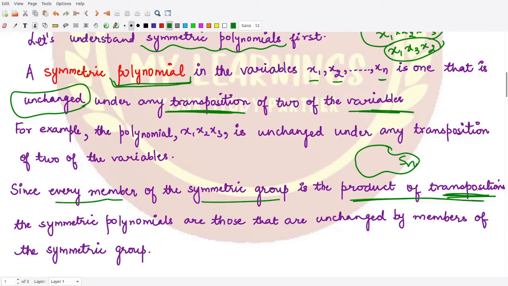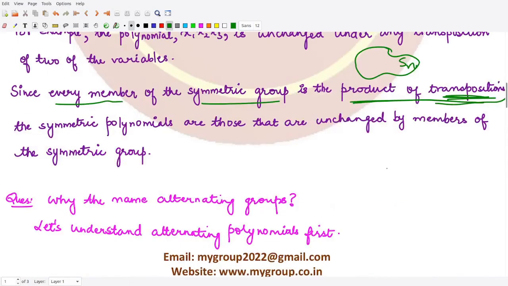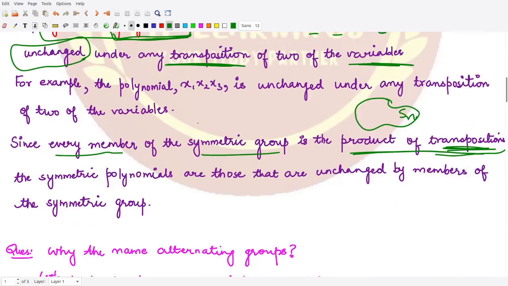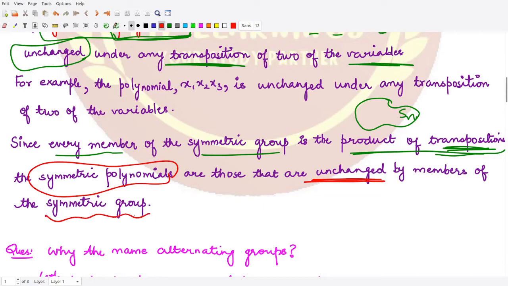This is true in general for symmetric groups. So the symmetric group is a product of transpositions, and a symmetric polynomial would then be one which is unchanged when we apply any transposition to it. So symmetric polynomials are those polynomials which remain unchanged by the members of the symmetric group. Those transpositions which do not change the symmetric polynomials give the symmetric group.